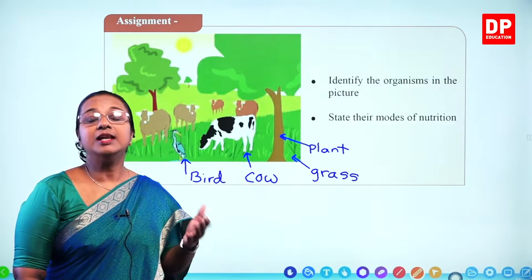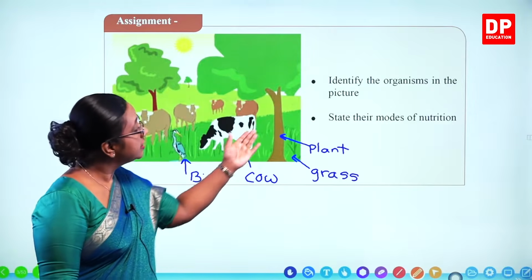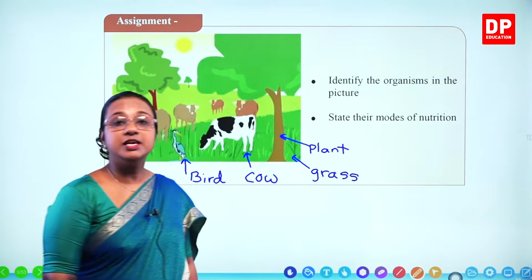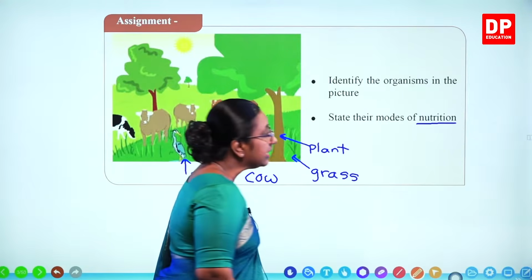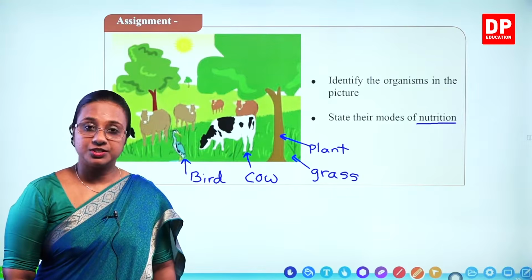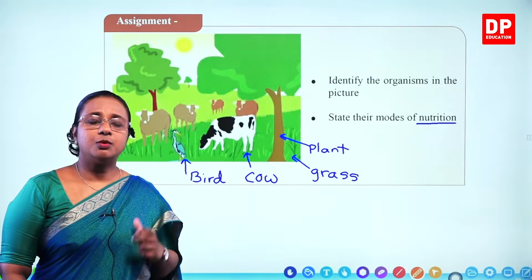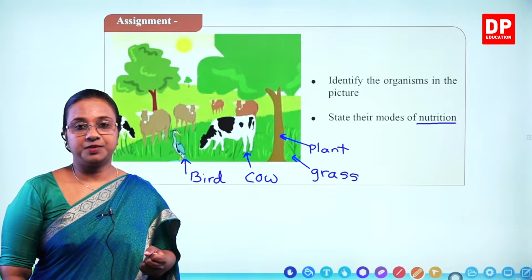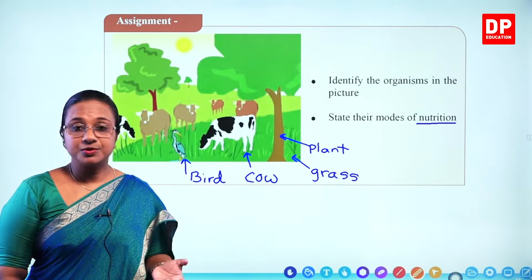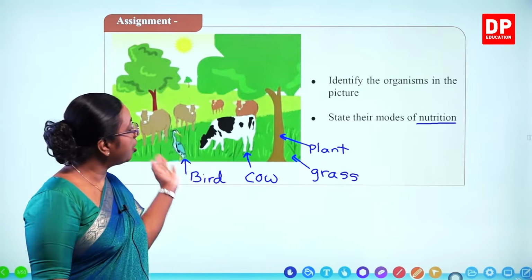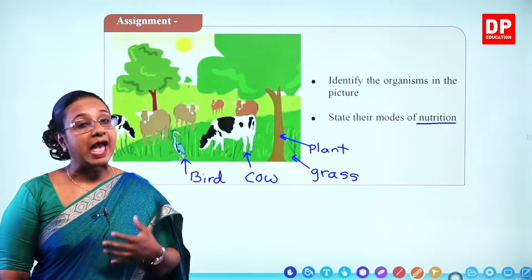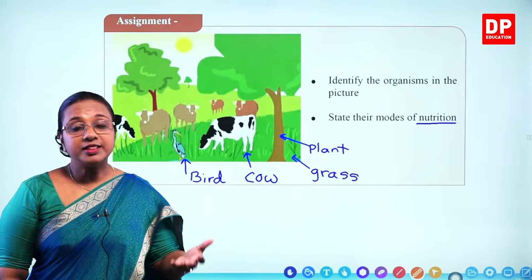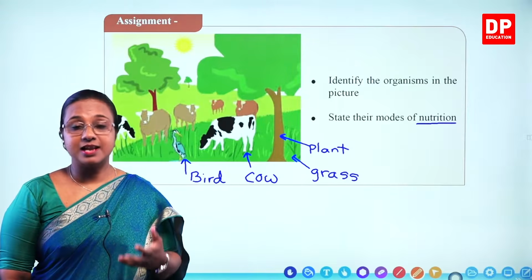But they are all living organisms. State their modes of nutrition. So here they want you to state their mode of nutrition. So to do that, what is nutrition? Nutrition is a process by which all these organisms obtain energy and material for the maintenance of their life.